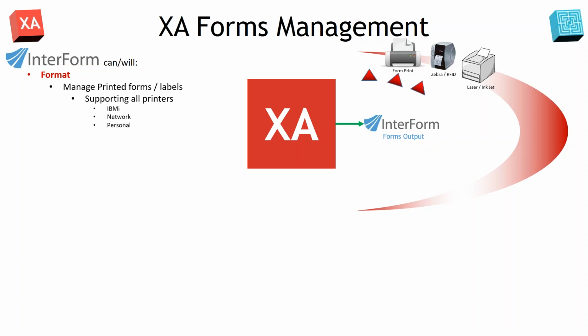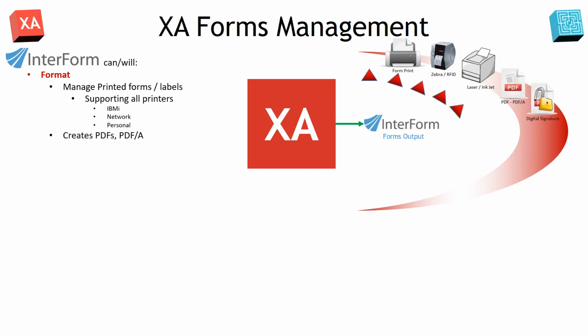It uses any kind of color or capability you need. It is fully functional, capable to print forms. There are no special drivers that you need for any of your printers. We use the drivers that are inherent in your printer. So anything that's on your network, anything that's on the iSeries, we can tie that in and we can print directly from XA using InterForm.